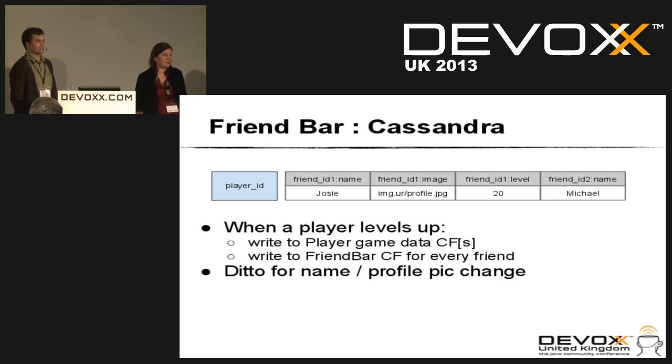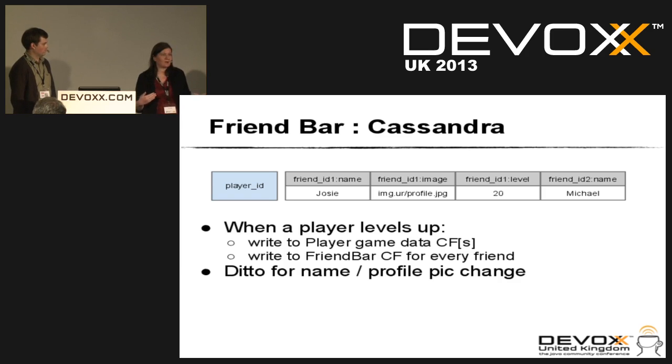Whereas, how often do you load the friend bar? It's every single time they play, and you might refresh it during the game session. So you're looking at least once every game session. So that's once a game session for read, and once every couple for write. And also think about it: for that read for 1,000 friends, we had to read 3,000 rows.